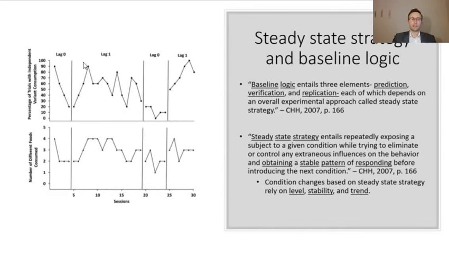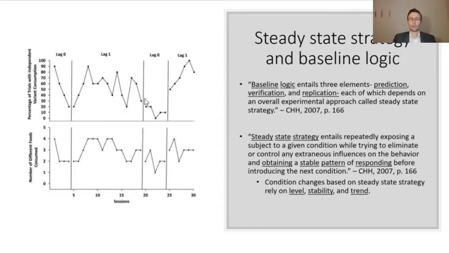All right. So now let's take it back to lag 0. Now the lag 0 data path enabled us to predict that if we continue to collect data under a lag 0 condition, then variant responding would continue to be low. It would proceed to lower values. So that enabled us to make a prediction here in this lag 0. In other words, we would expect, based on the data path in the first lag 0 condition, that if we return to a lag 0 condition, we would observe low variant consumption.